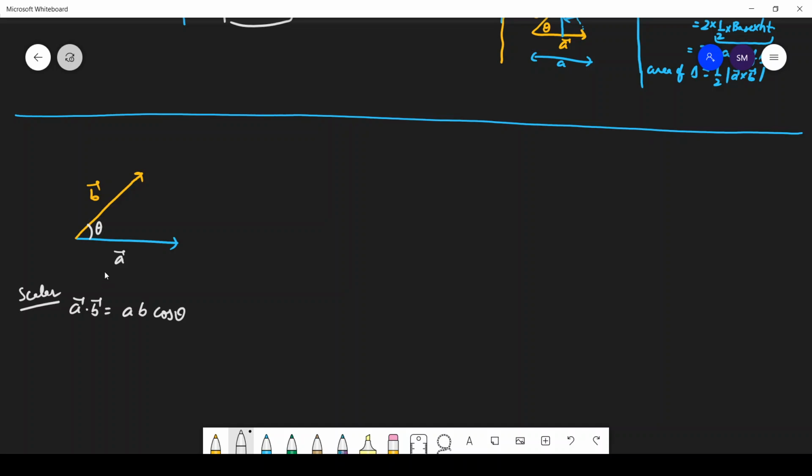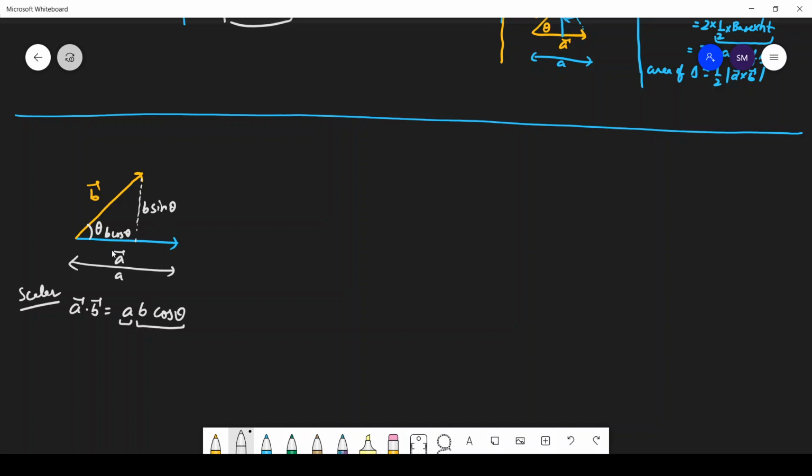If we look at it, what is this? This length is A. What length is B cos theta? This is B, this length is B cos theta, and this height is B sin theta.